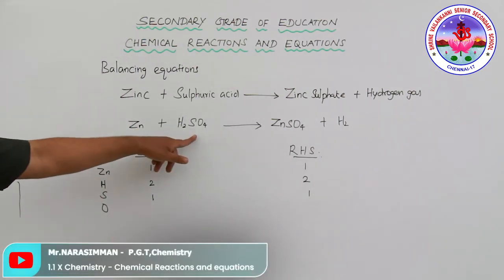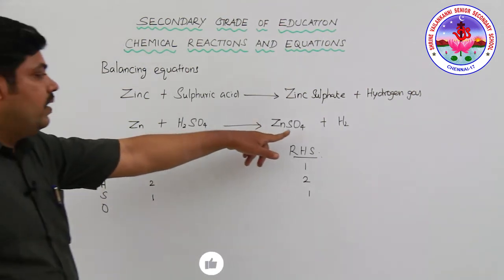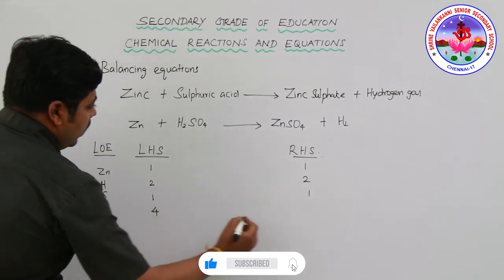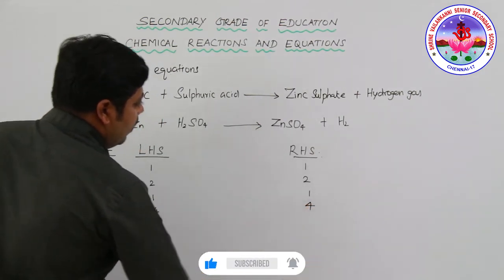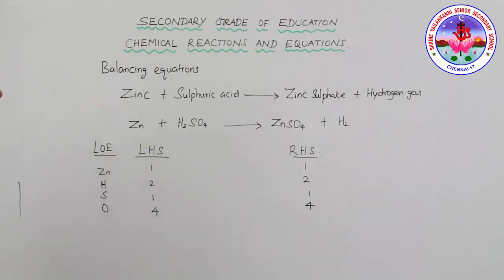Then oxygen, the number of oxygen in the left hand side, the reactant side, is 4 and the product side also 4. So already this equation is balanced. No need to balance the equation.